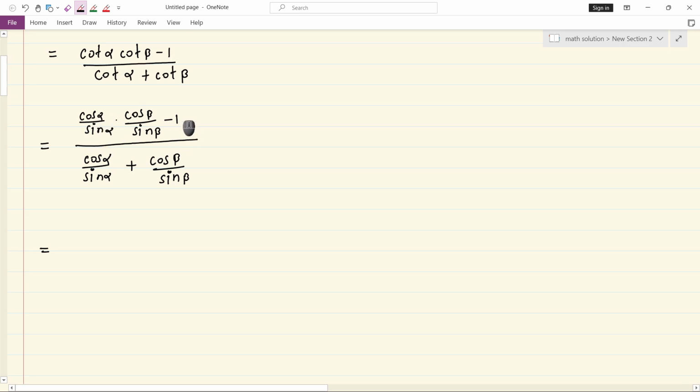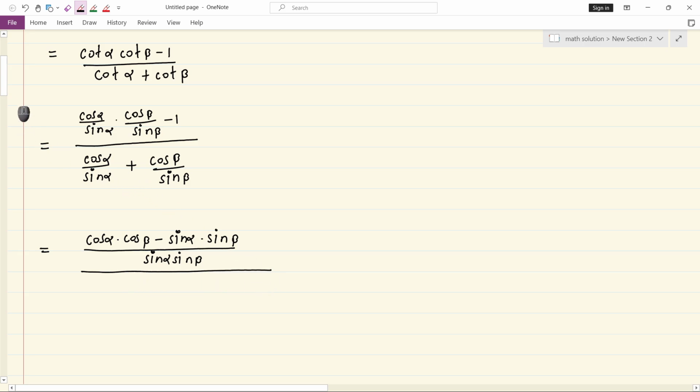So in numerator we are going to solve. Simply just take LCM: cos alpha cos beta minus sin alpha sin beta, and in denominator it will be sin alpha into sin beta. This is just a solution of fraction. Nothing more complex here.